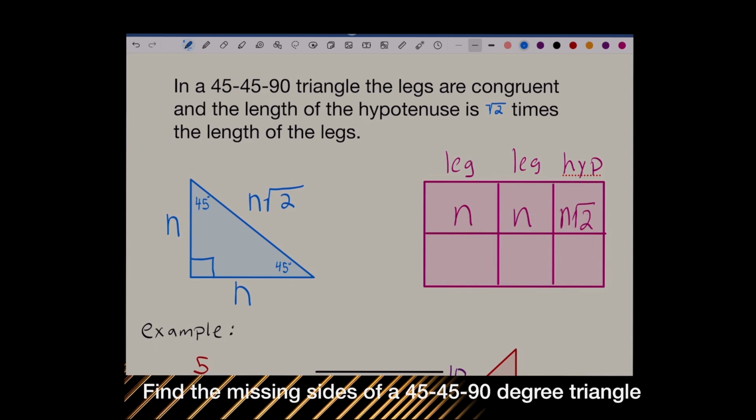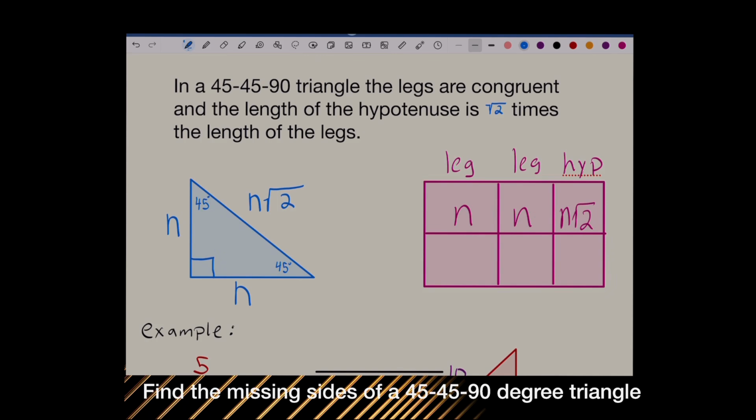So if you're a word person, there are the words. In a 45, 45, 90 degree triangle, the legs are congruent, and the length of the hypotenuse is the square root of 2 times the length of the legs. That's the words. Mathematics, word people. Some of us, not many of us, not me. Does it make sense to me?